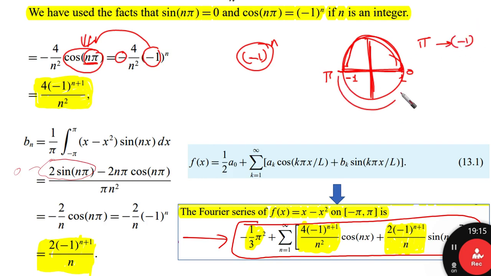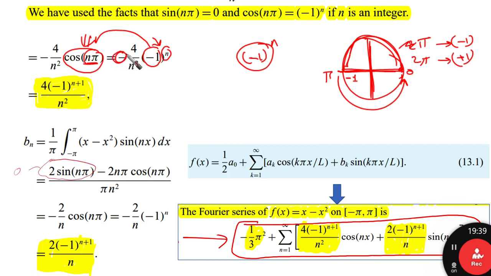If we have 2 pi, for example, we're going to have positive 1, and so on. So this means that cosine n pi is going to be minus 1 raised to the power n. It represents the cosine of n pi, where n is an integer.